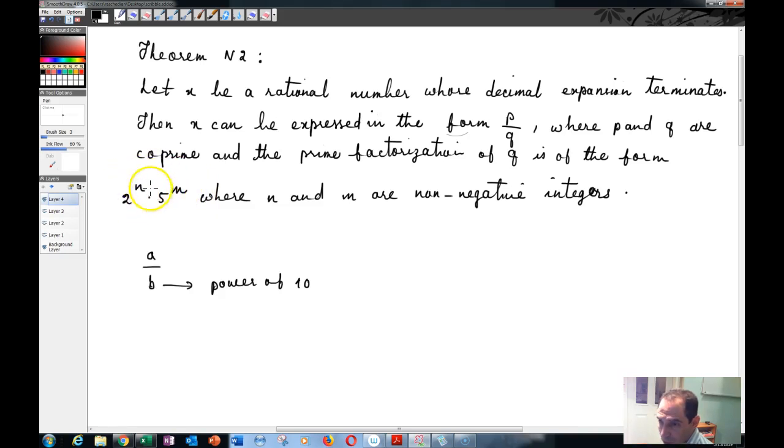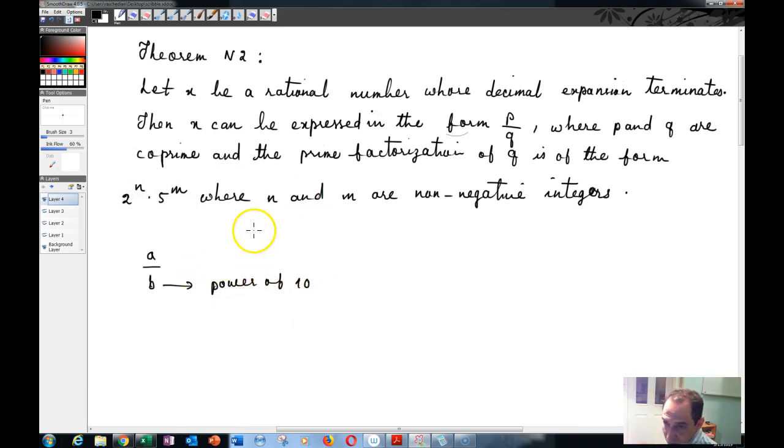Let's say that the prime factorization of q is of this form, where, for example, n is equal to 2 and m is equal to 0. Then you will have no factors of 5 in the denominator, so your denominator is some power of 2 and not some power of 10.